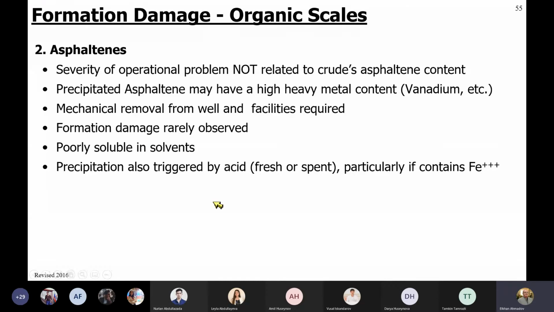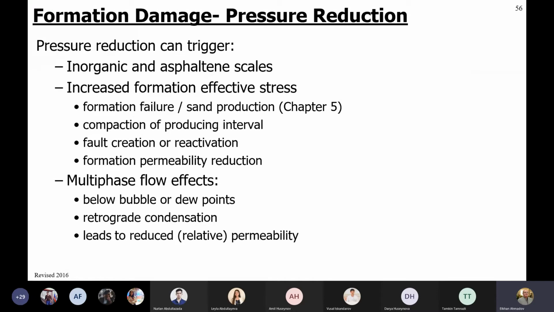Okay. Pressure reduction: we talked about the inorganic and asphaltene scales. As we produce, the formation effective stress is increased because of depletion of the reservoir pressure, and the formation starts failing, with particles detaching from the matrix body, and this causes sand production.